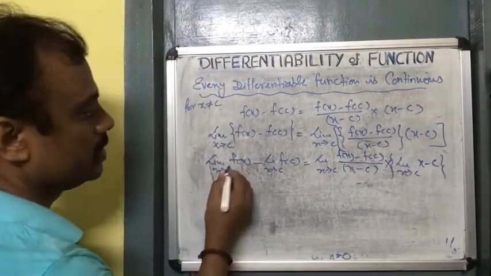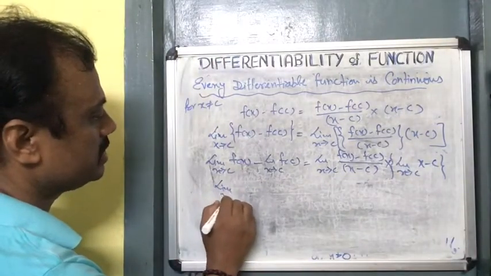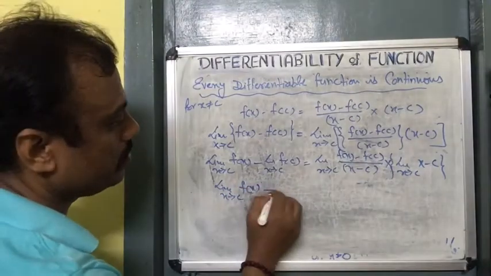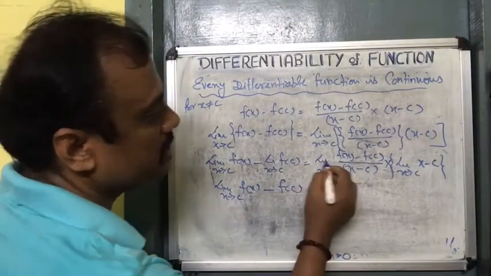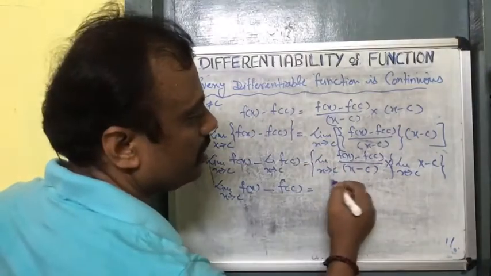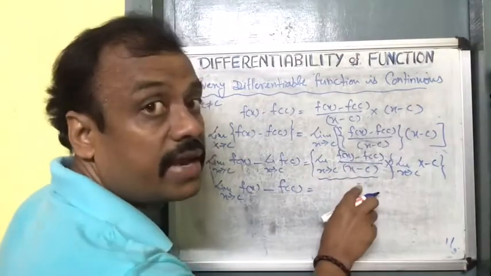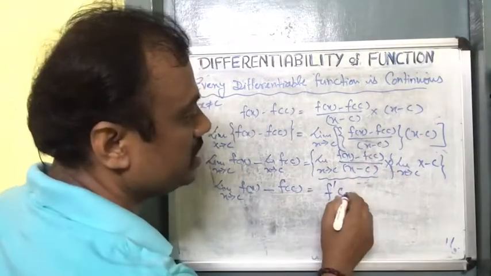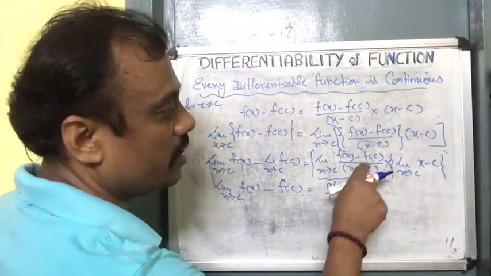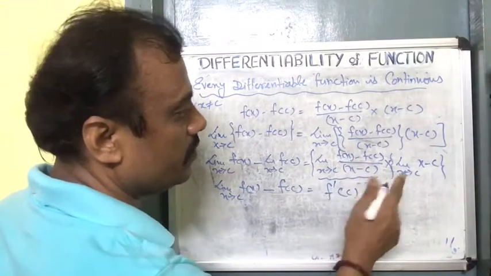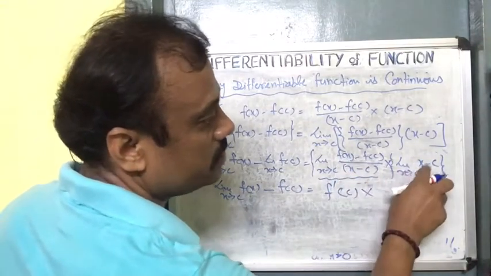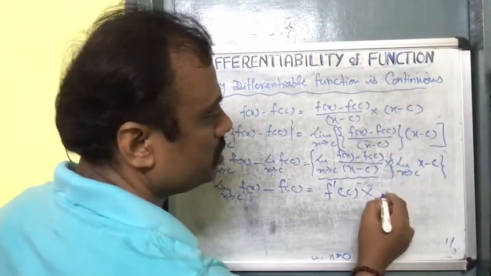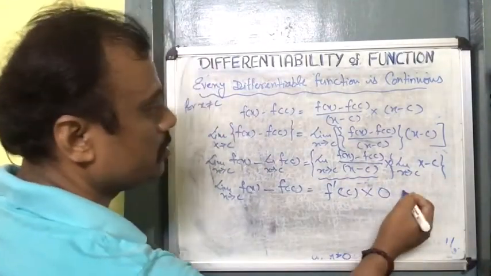Now see, this one is limit x tends to c f of x, this will change to minus f of c, and this is what? If you remember, this one is our f dash x or f dash c. Here f dash c, derivative of a function at point c, first one, into this one is what? 0. If I put c in place of x, it becomes 0. So this side becomes 0.